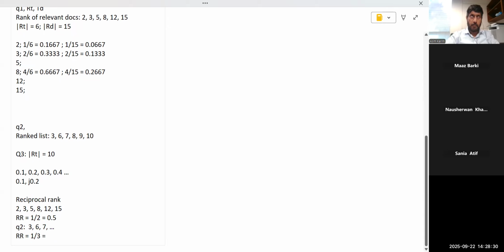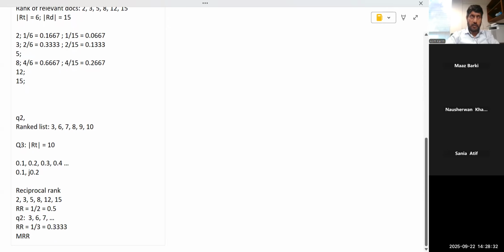It will be 1/3. So its MRR basically would then be (0.5 + 0.33) divided by 2, the average of these two. So this is mean reciprocal rank. So this is a good measure, I would say, especially if you really want to focus on the first relevant document.